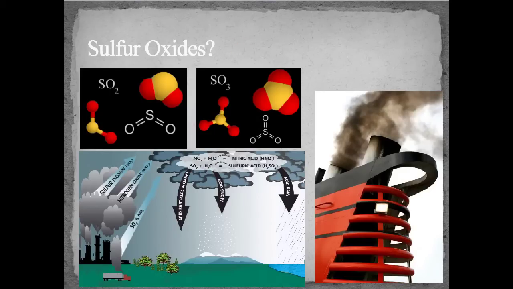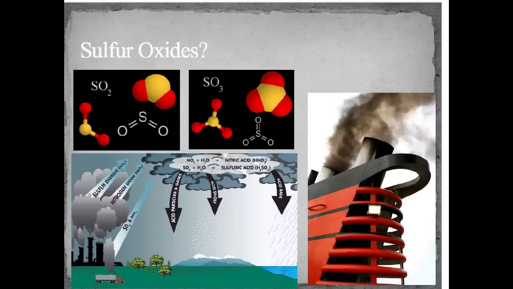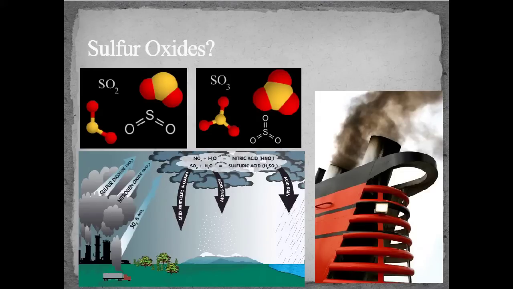Next up, we have sulfur oxides. Here I've got sulfur dioxide and sulfur trioxide, or also sulfate if it has a negative charge. Sulfur oxides come mainly from burning coal, but you can also get it with residual fuel, or fuel at the bottom of the barrel, which is used for ships, burning that petrol or diesel.